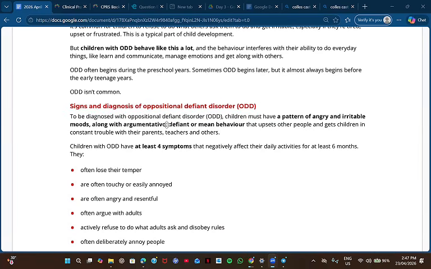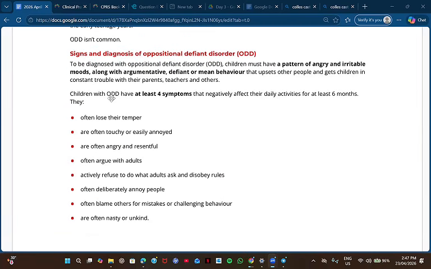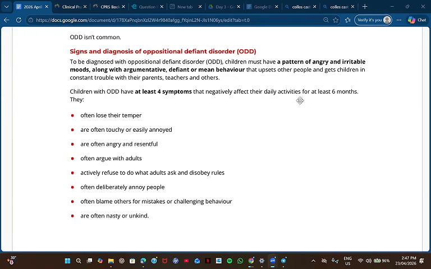Okay. So here, children with ODD have at least four symptoms that negatively affect their activities for at least 6 months. So, what are these key symptoms?